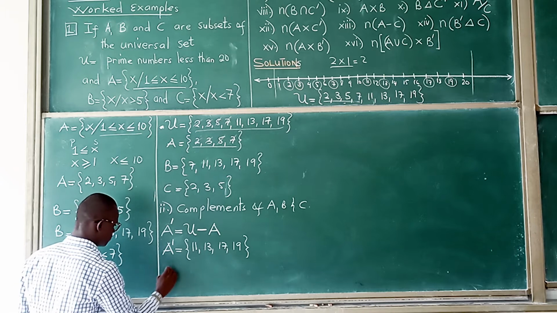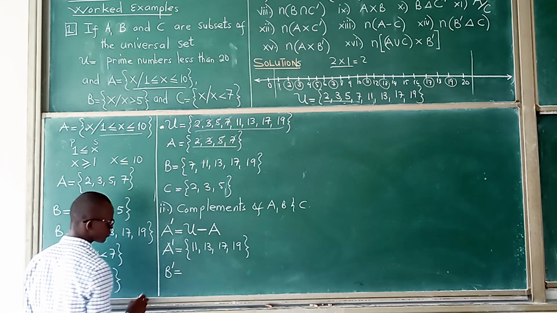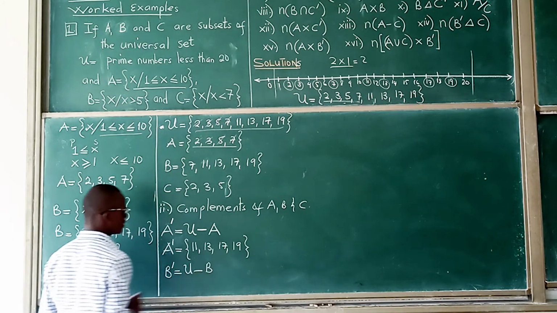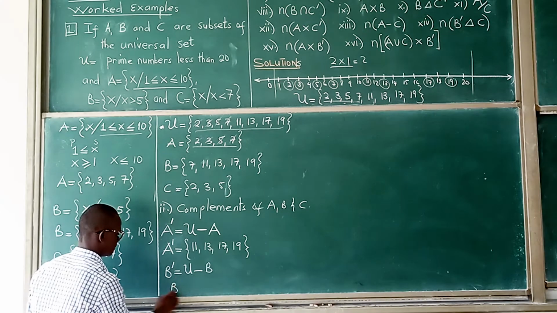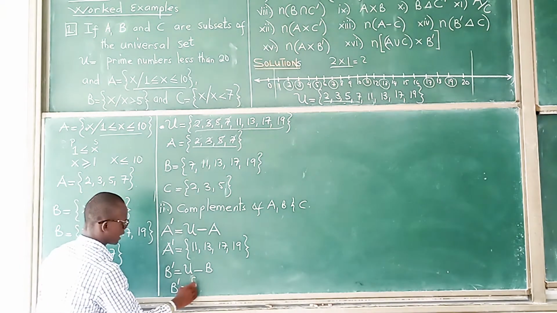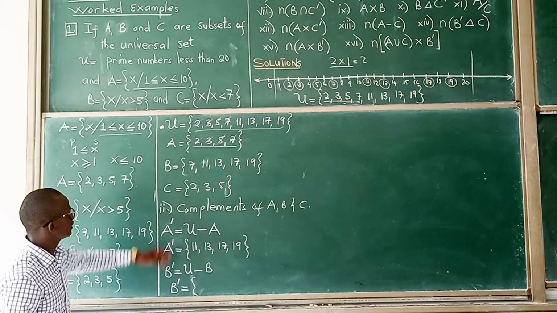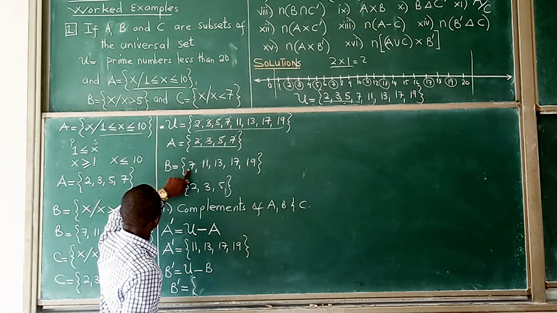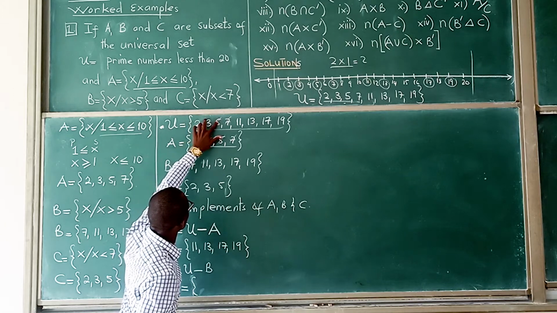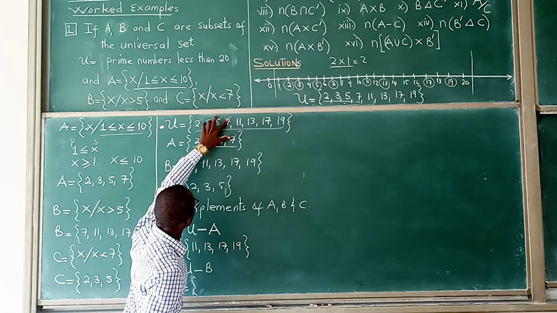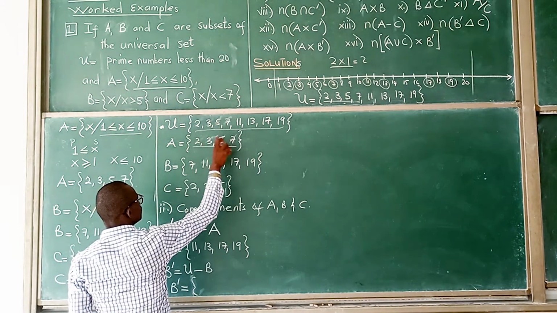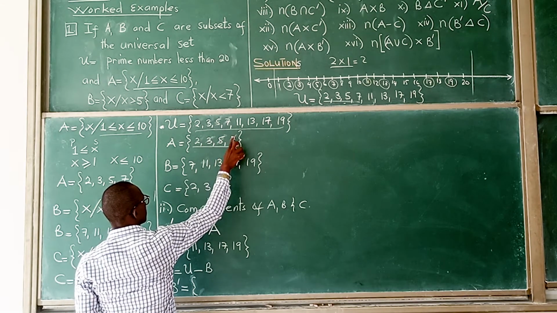So we also move to the complements of B, which is U minus B. So B prime now will be, we look at set B and the universal set. All of those elements that are within set B, you are not going to include them in B prime.